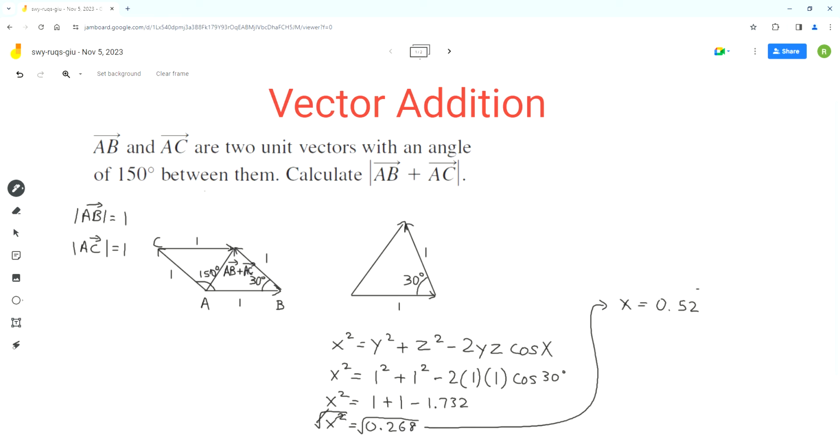So this should be the magnitude of the sum of vectors AB and AC. So we can write our final answer as, magnitude of vector AB plus AC is equal to 0.52 units.